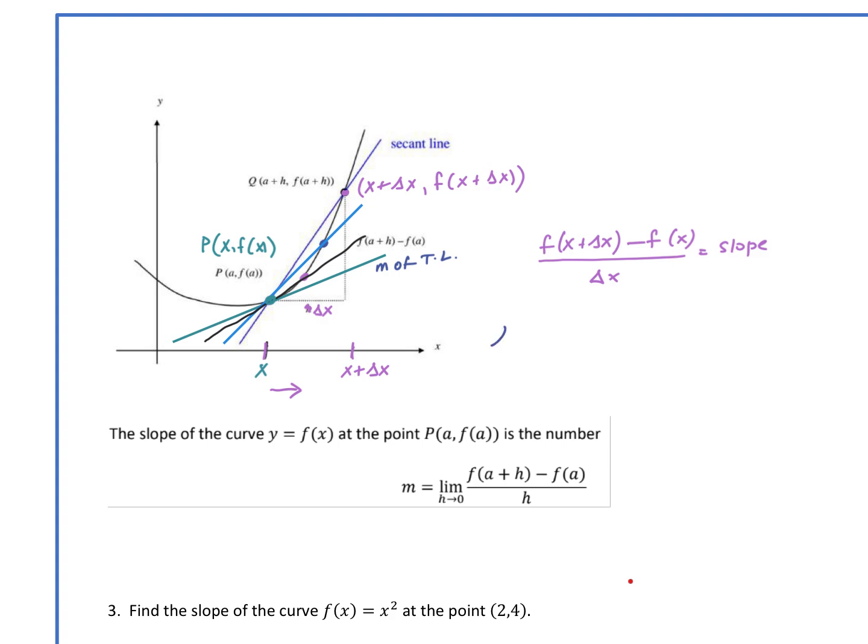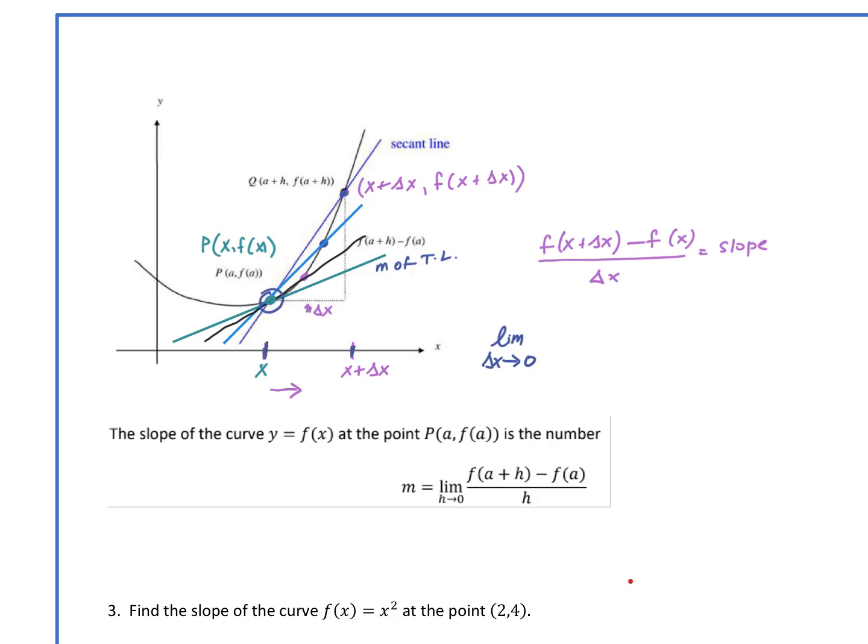If I said the limit as delta x goes to 0, so the space in between here and here is going to 0, this point here is really going to become this point.